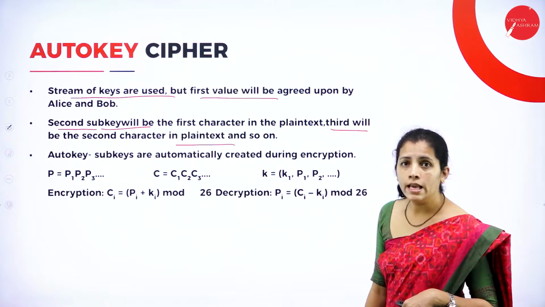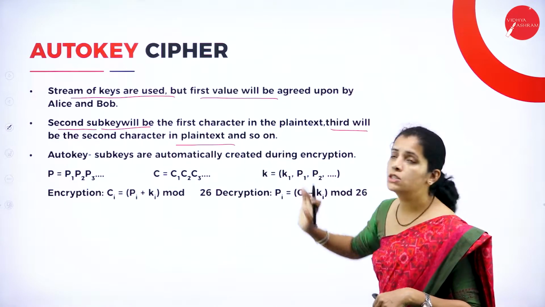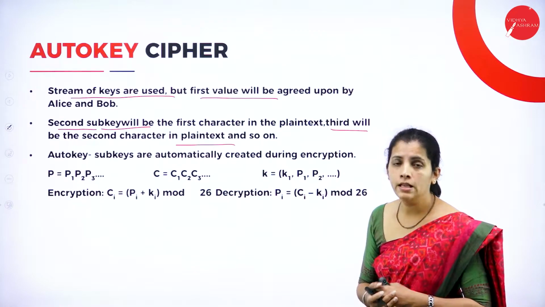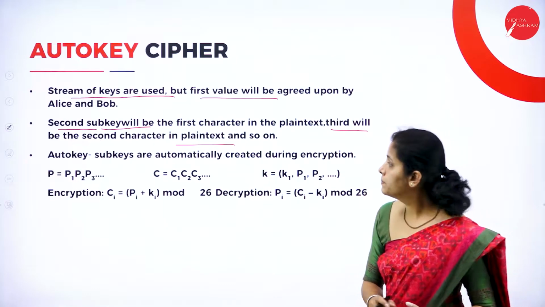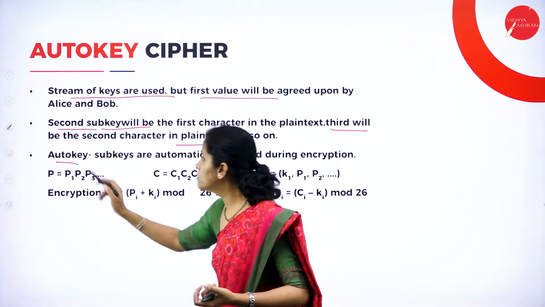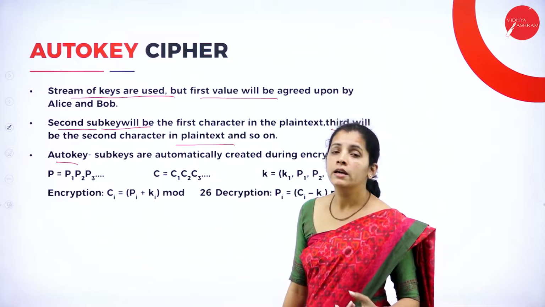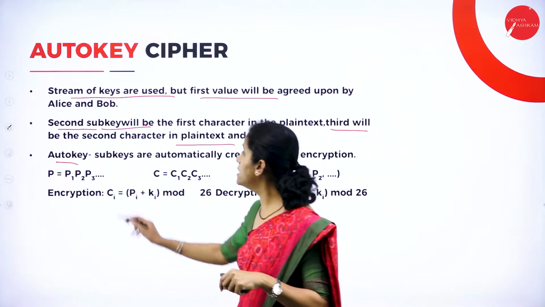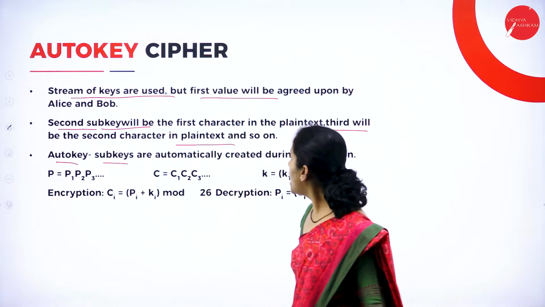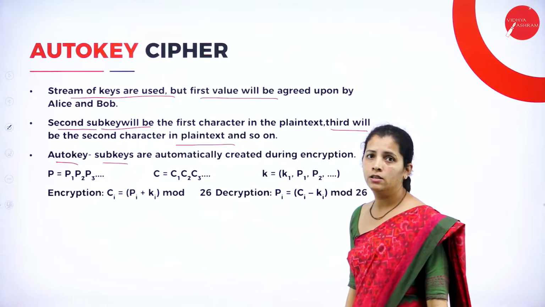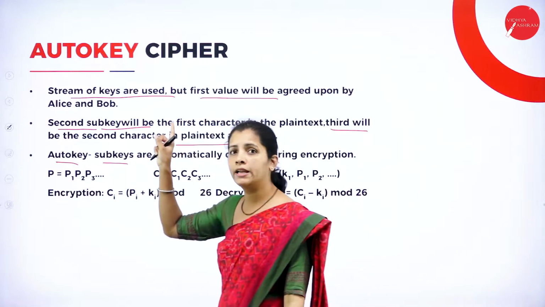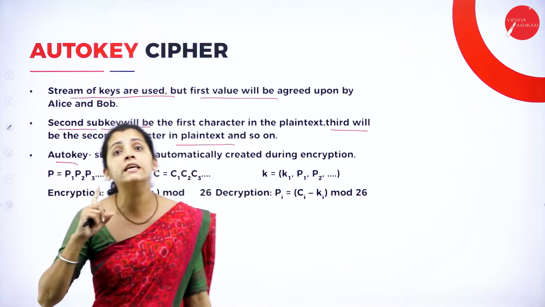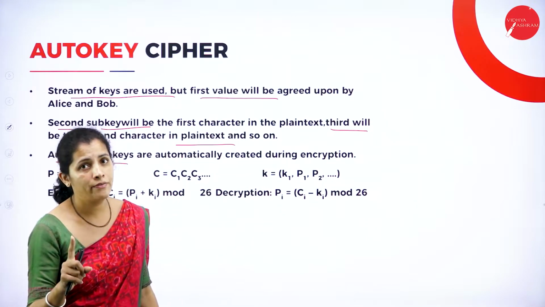Anyway, I will explain all these things with an example in my next slide. Now, autokey. So what is this autokey? Here autokey is nothing but subkeys are automatically created. So as the name itself indicates, it is an automatic key generation cipher.